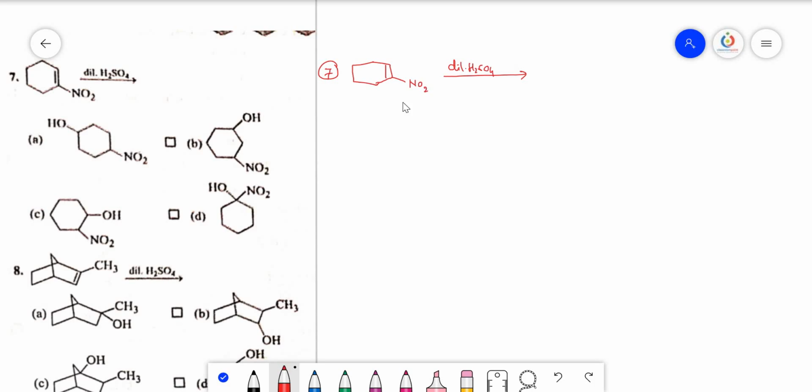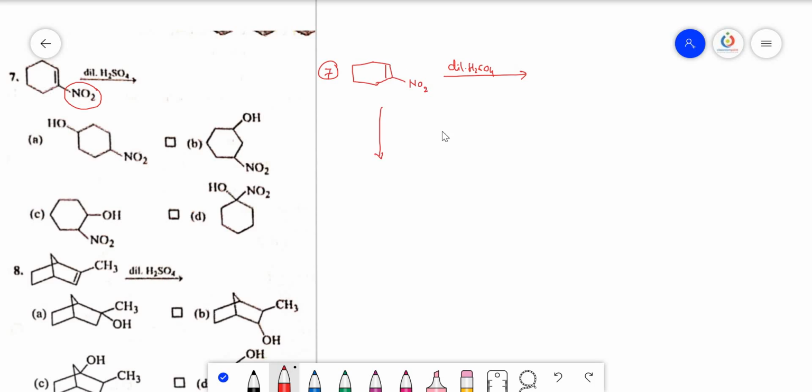The reason is that the NO2 part is connected to one of the double bonded carbon atoms. Whenever electron withdrawing groups like NO2 or CN are connected to one of the double bonded carbon atoms, then if a positive charge is created at that carbon atom where the electron withdrawing group is connected, that carbocation becomes unstable, because electron withdrawing groups make carbocations unstable. So that is the reason why the H+ ion preferably attacks this carbon atom, not this carbon.